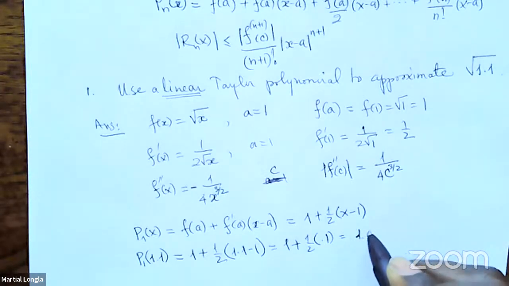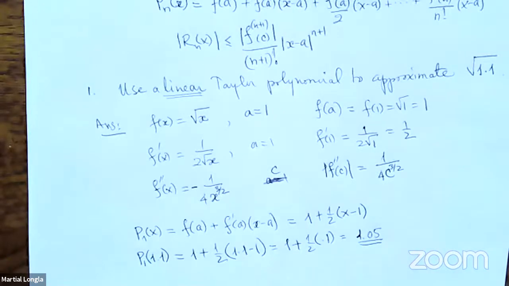Which is 1.05. And the remainder, the absolute value of R1 of x is less than or equal to 1 over 4c to the power 3/2.